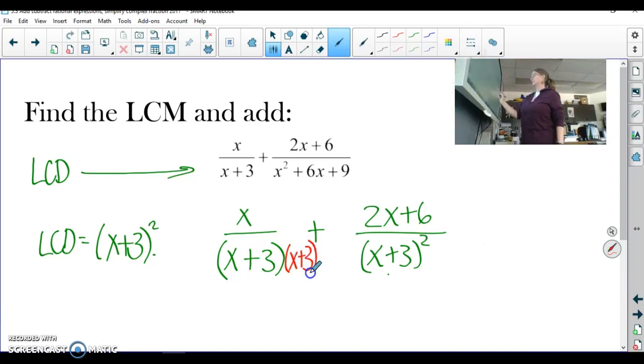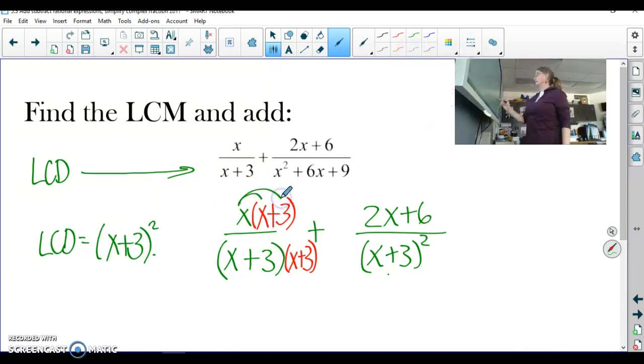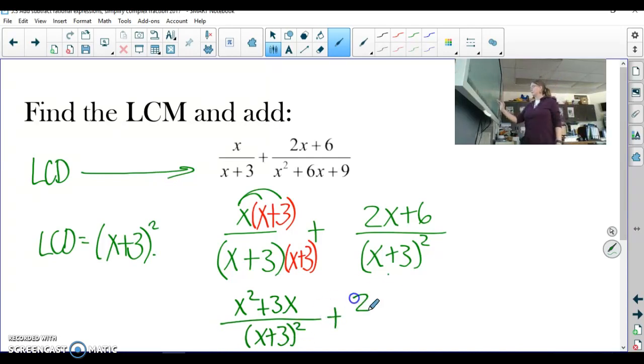If I do that on the bottom in the denominator, I also have to do that in the numerator. So then I'm going to distribute x, x squared plus 3x in the numerator, and in the denominator, x plus 3 times x plus 3 is x plus 3 squared, plus over here on the right side I have 2x plus 6 over x plus 3 squared.